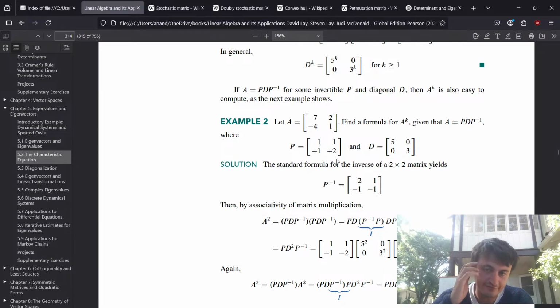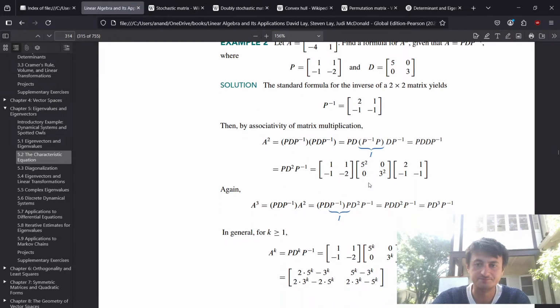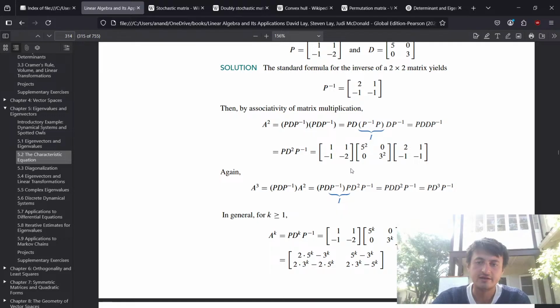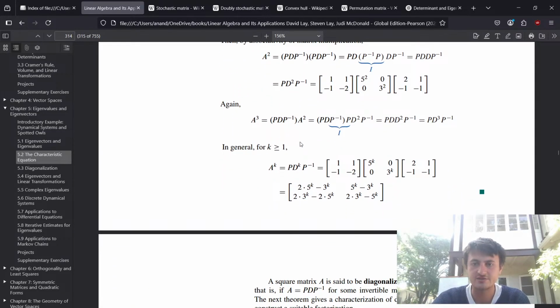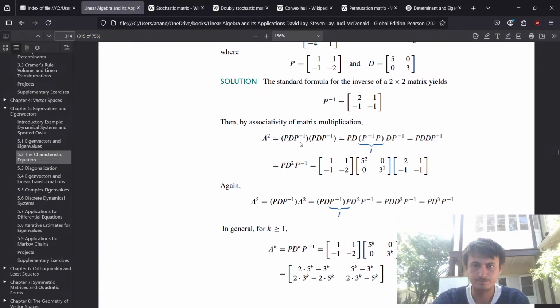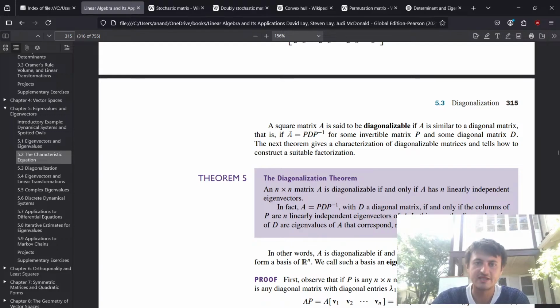So then you find P inverse, and then you just start computing powers of D, and then you compute this thing, and then it gives you A to the K. So it's actually pretty fast.